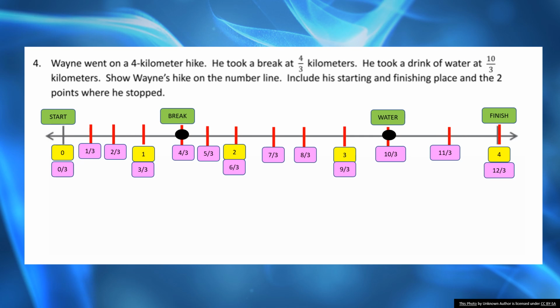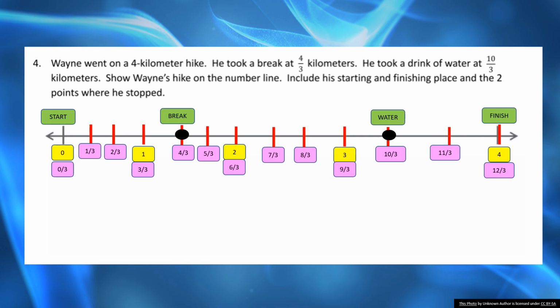Now, I'm going to reread the directions to make sure that we've done everything that we were supposed to do. It says Wayne went on a 4-kilometer hike. Well, that's shown in our model. He took a break at 4/3 kilometers. I've plotted a point at 4/3 and wrote the word break. He took a drink of water at 10/3 kilometers. I've plotted a point at 10/3 and wrote the word water.